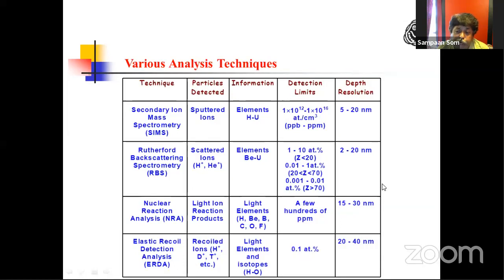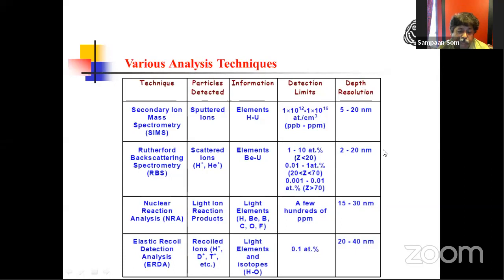And here also depth resolution can be 2 to 20 nanometer. There are specific techniques known as high resolution RBS, where very different ion optics are used, and they can go down to even lower sensitivity and depth resolution. Now, I'll talk about the conventional RBS technique today.